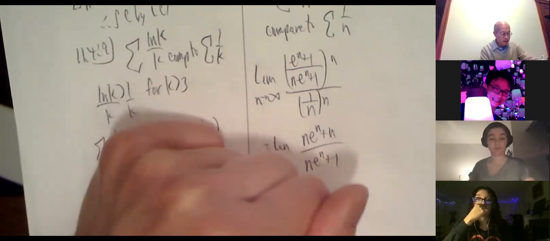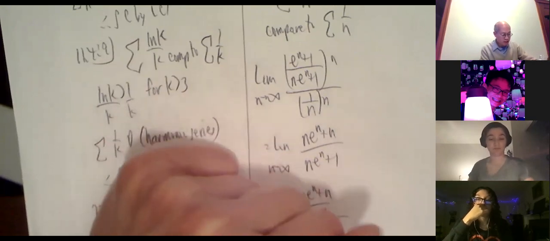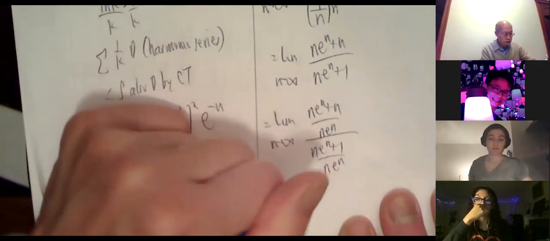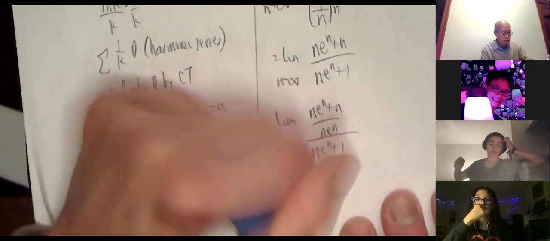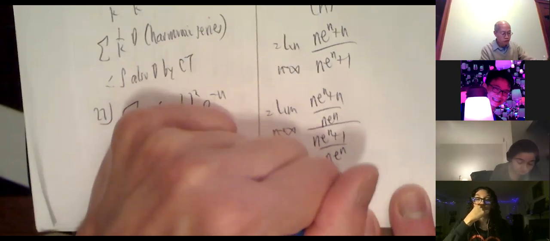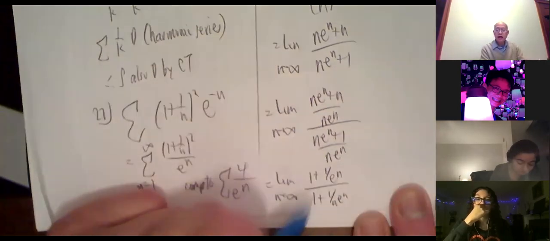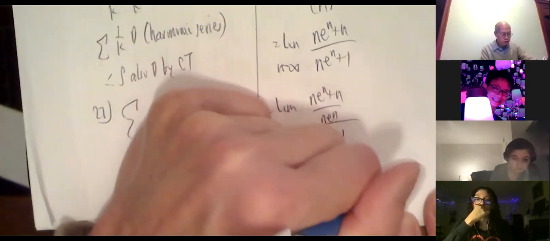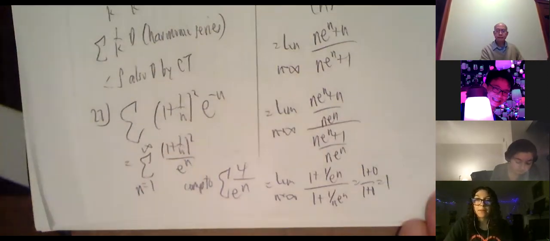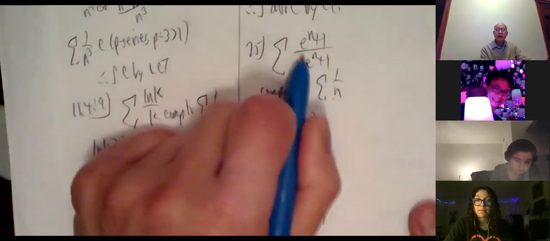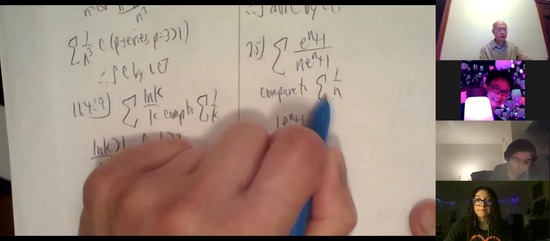Limit as n approaches infinity of 1 plus 1 over e to the n, over 1 plus 1 over n e to the n. And now when n gets big, that's 0, that's 0. So 1 plus 0 over 1 plus 0 equals 1, which means whatever happens to this happens to this. What happens to this? It diverges because it's a harmonic series.